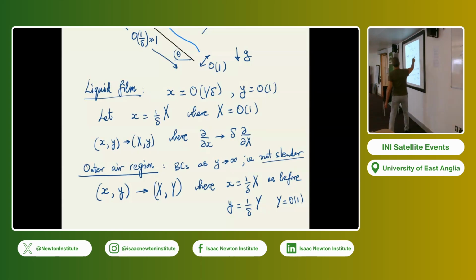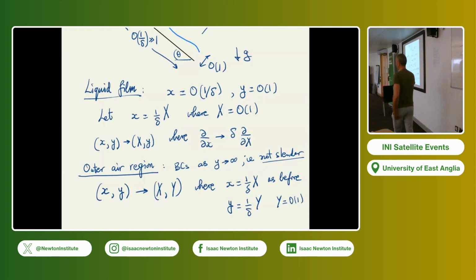Keep y of order 1, so that wherever I see d by dx, I pick up a delta d by d big X. And that's, mathematically, where the simplifications come, because these Laplace type operators localize to just vertical derivatives.